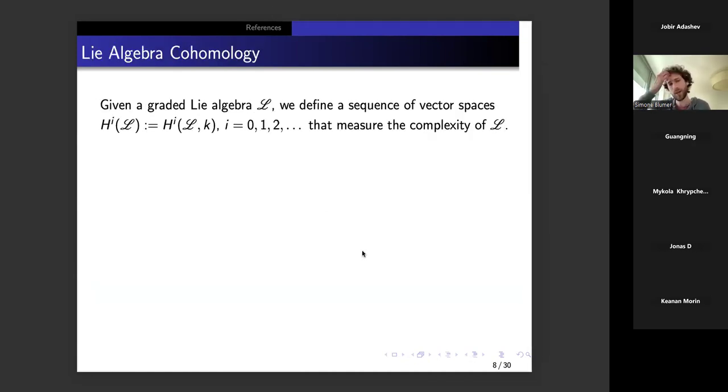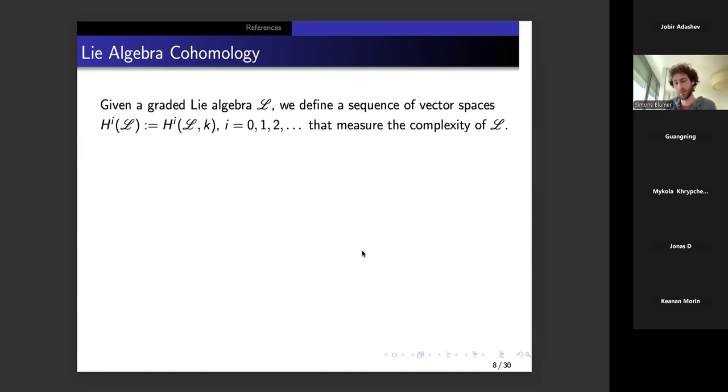Okay, so I want to spend now some time on Lie algebra cohomology. I will not give you the whole definition, but I will only stress some important facts about them. So given a graded Lie algebra, we can define a sequence of vector spaces indexed by the non-negative integers that are called the cohomology groups of the Lie algebra.